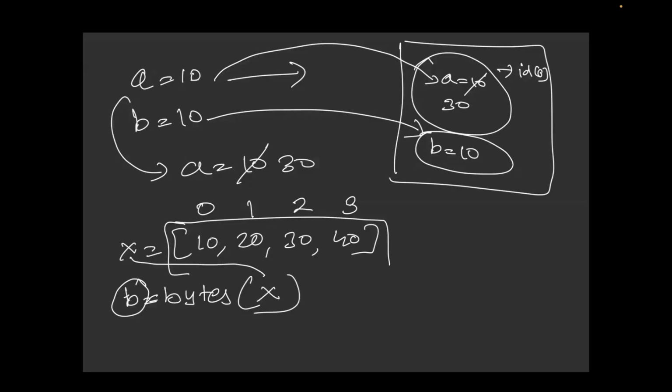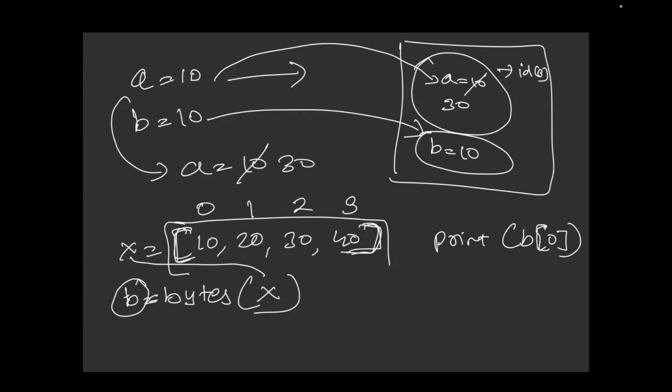Once I put X into that, whenever I want to print B of 0, why square braces? Because the numbers are in a list, and I've converted it to bytes. Bytes also uses square braces. Bytes don't use curly braces.